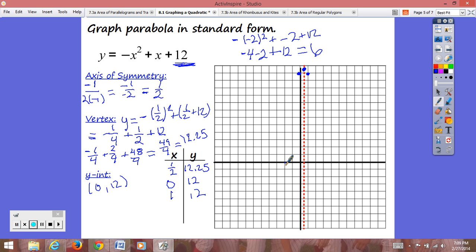So -2, 1, 2, 3, 4, 5, 6. -2, 6. Flip that across our axis of symmetry. That's going to be at 3, 6. And again, draw our parabola.